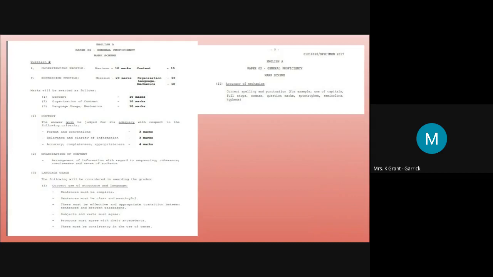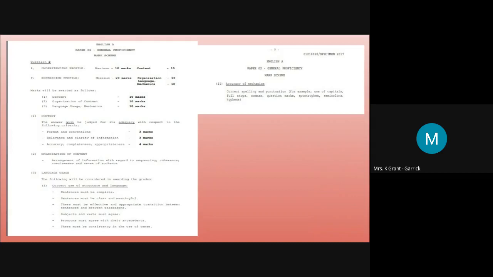Then you look at your organization, which of course factors in the arrangement of information that is given to you in the scenario that CSEC presents. And of course, you have the language use, which you're expected to focus on your sentences being complete, clear, meaningful, and effective and appropriate to whatever it is that you're asked to do.